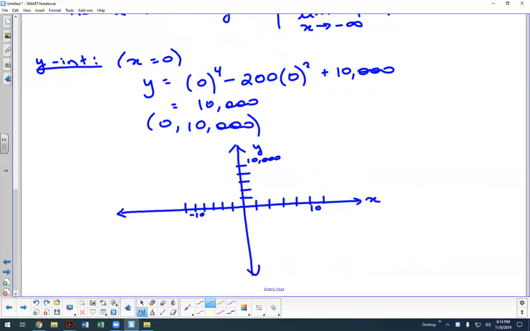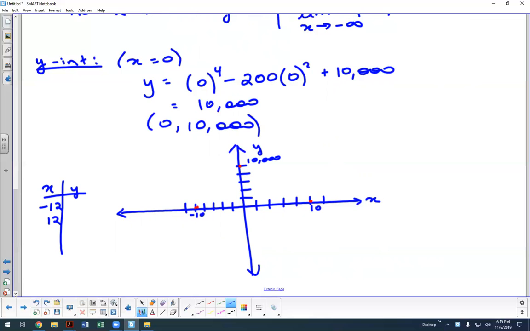Now we know at both +10 and -10, we have our x-intercepts. For both x-intercepts, we said it touches but does not cross. We have our y-intercept at 10,000. And just so that we know we're on the right track, what happens if we try to put -12 and +12 in our function?